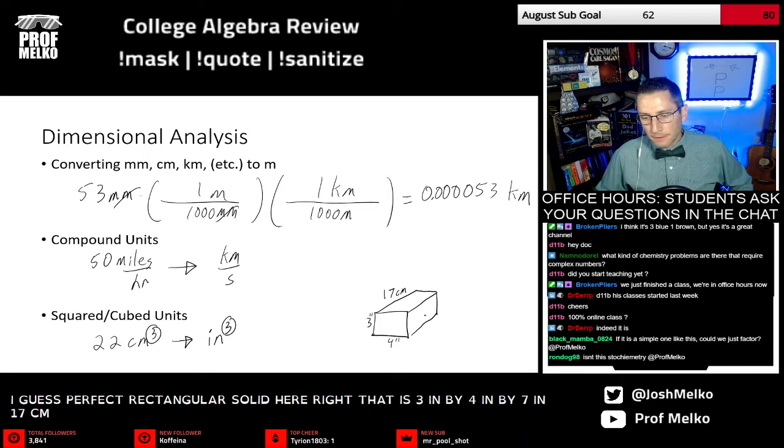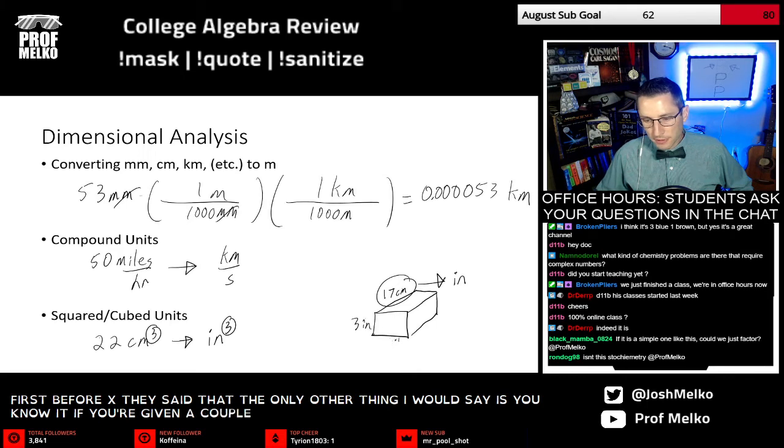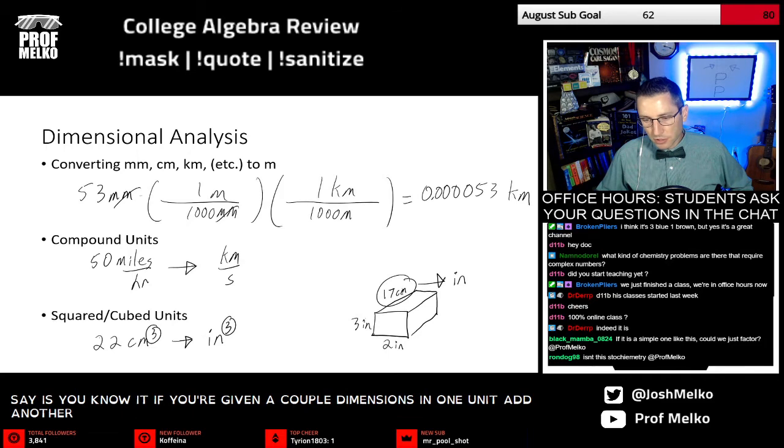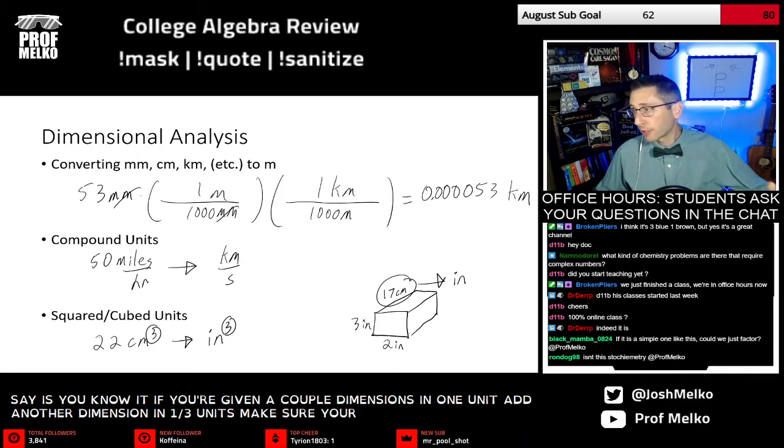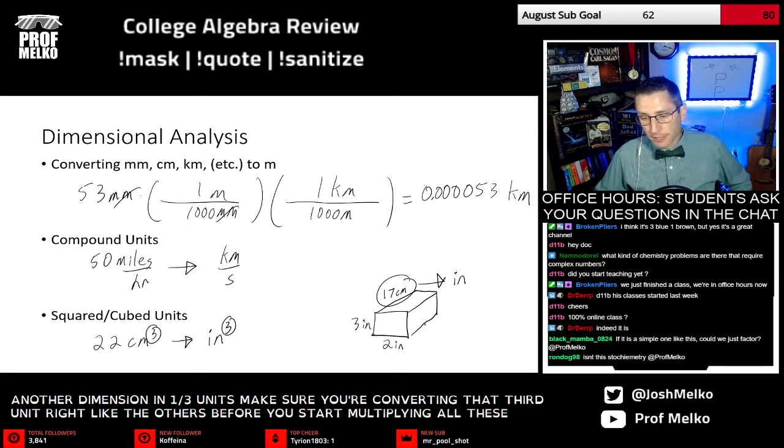I'm not going to do 3 times 4 times 17. I better convert this into inches first before multiplying. So that's the only other thing I would say: if you're given a couple dimensions in 1 unit and another dimension in a 3rd unit, make sure you're converting that 3rd unit like the others before you start multiplying all these numbers together.